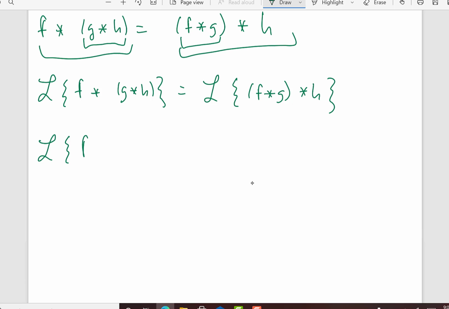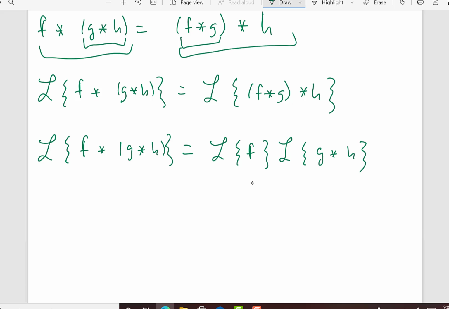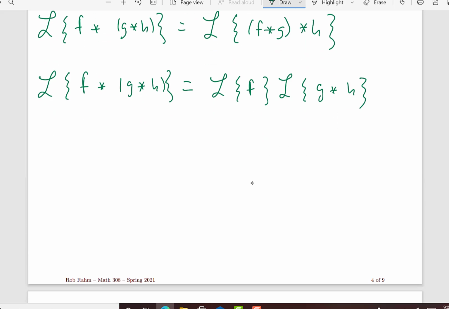The Laplace transform of f convolved with g convolved with h, using the fact about Laplace transforms and convolutions, is the Laplace transform of f times the Laplace transform of g convolved with h. Okay, now we're going to use the fact about Laplace transforms and convolutions again.